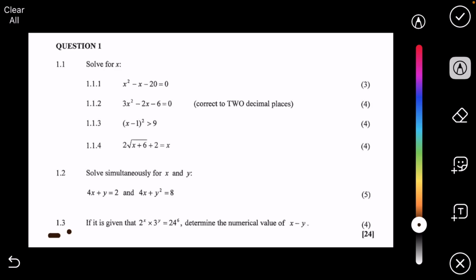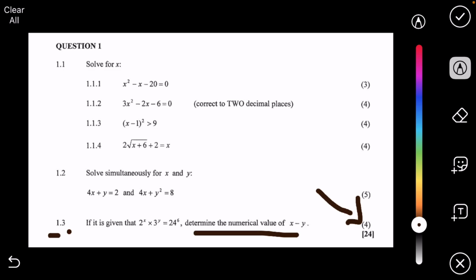They say if it is given that 2x squared multiplied by 3y equals 24 to the exponent 6, determine the numerical value of x minus y. Ladies and gentlemen, this question is allocated 4 marks.